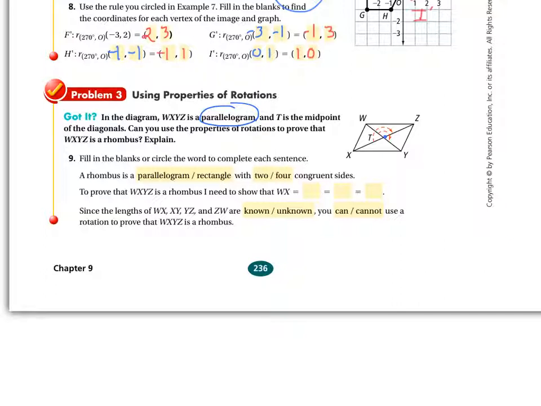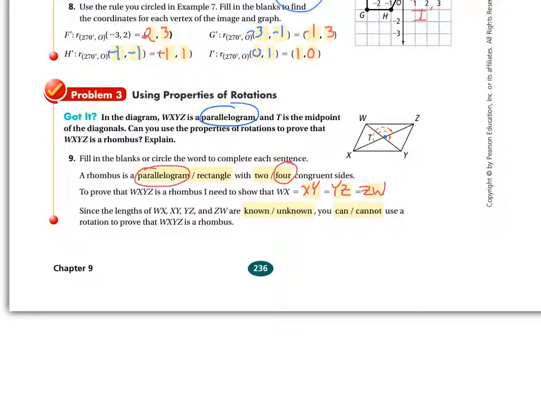So fill in the blanks or circle the word to complete each sentence. A rhombus is, we already answered that, what is it? Parallelogram. It is not a rectangle with 4 congruent sides. To prove that WXYZ is a rhombus, I need to show that WX is congruent to XY is congruent to YZ is congruent to ZW.